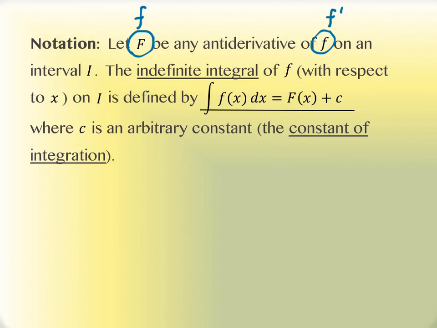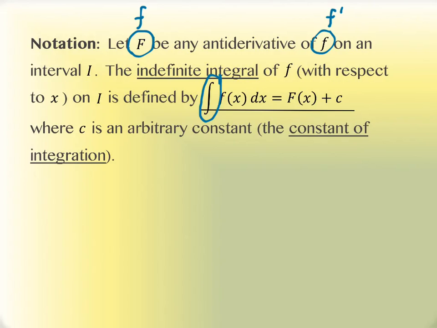This is always done on an interval I, and it's called an indefinite integral of f with respect to x on the interval I. And then you see this notation. So right here you see this funny script S looking thing. This is the integral notation, kind of like our derivative notation is the prime notation, right? Or the df dx notation, different things like that.